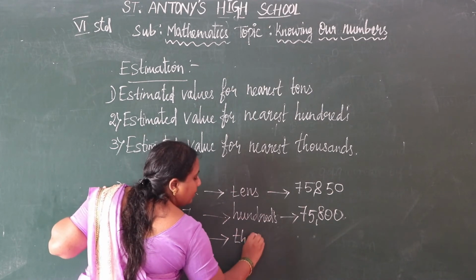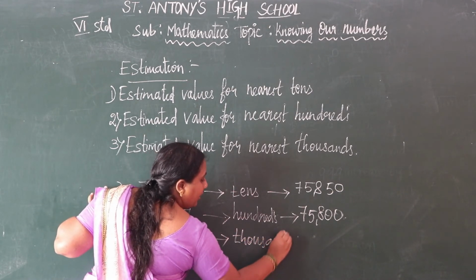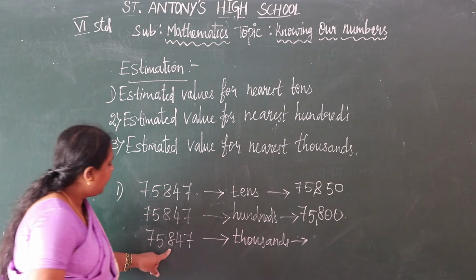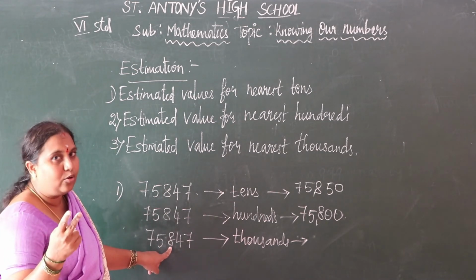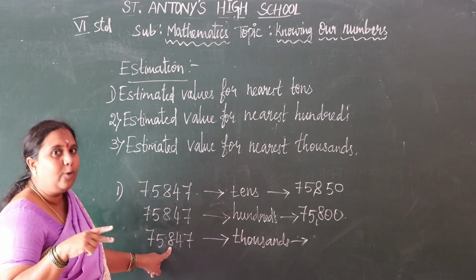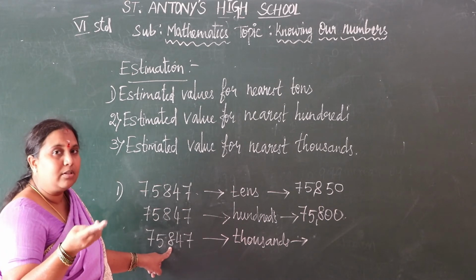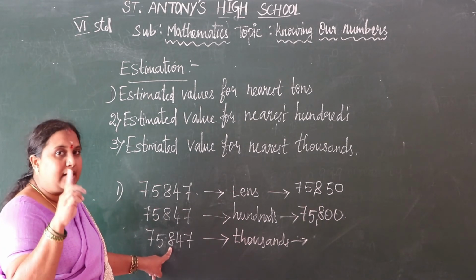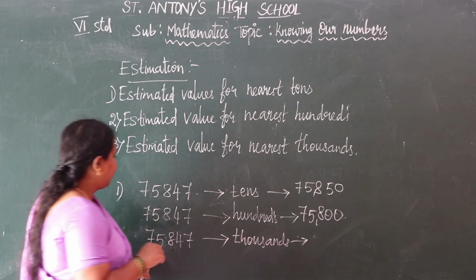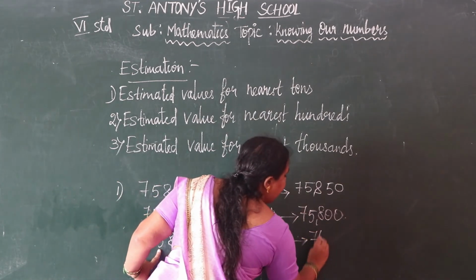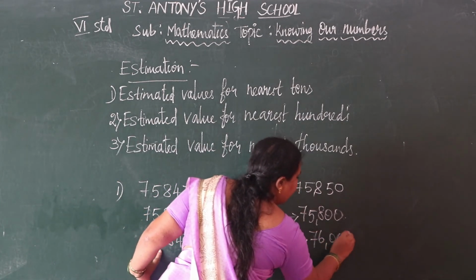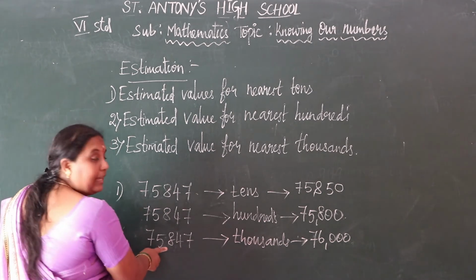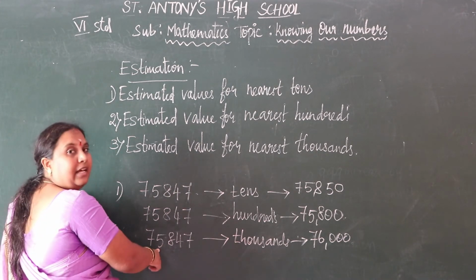Okay, nearest thousands. So here 8 comes under second rule and it is rounded off to 0 and 1 is increased in thousands place. So 76,000. Understood? So here we are writing zeros and 1 is increased in thousands place.